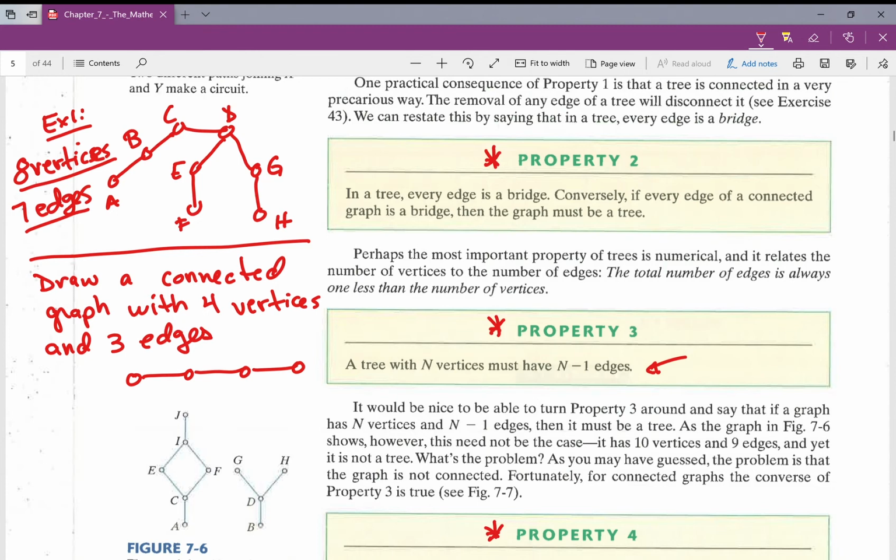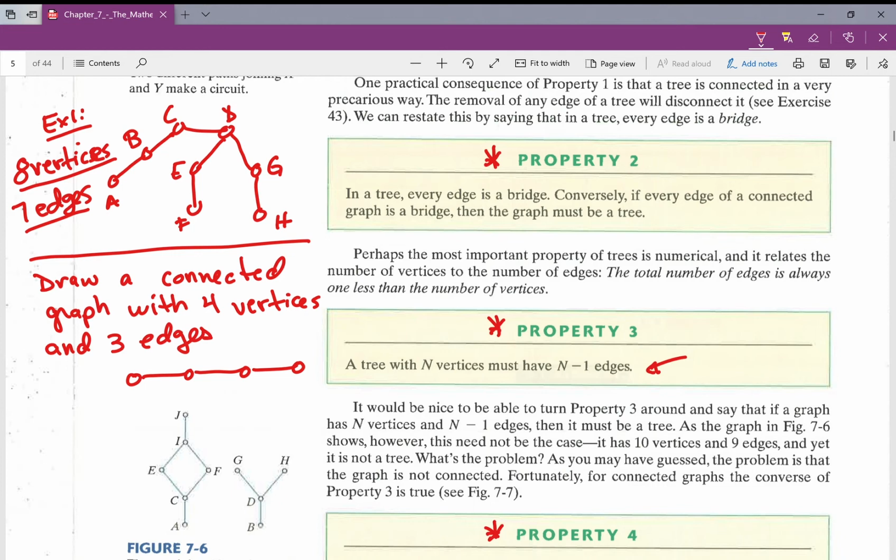If you go back to your years in geometry, if we said a shape had 4 equal sides, does that mean it has to be a square? And the answer is no, it could be a rhombus. So when we say a graph has the number of edges that is 1 less than the number of vertices, that's not enough to guarantee a tree.